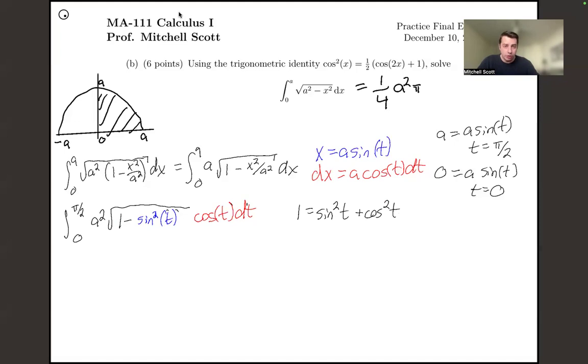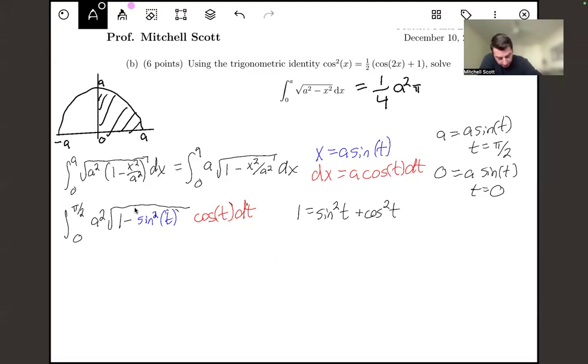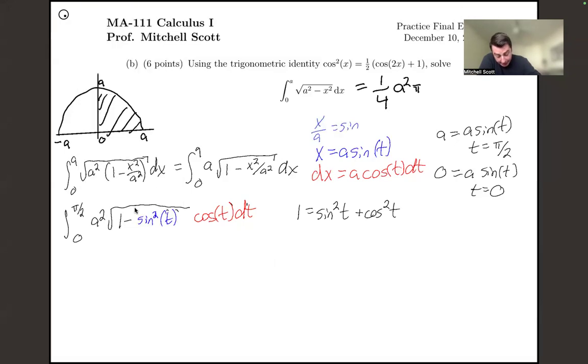Would you go through that in more detail? I don't know what that is. Sorry, the last step, how did you get to 1 minus sine squared of t cosine t dt? Good question, thank you for that. So we know that, I'm going to go here, I can rewrite this as x over a equals sine of t.